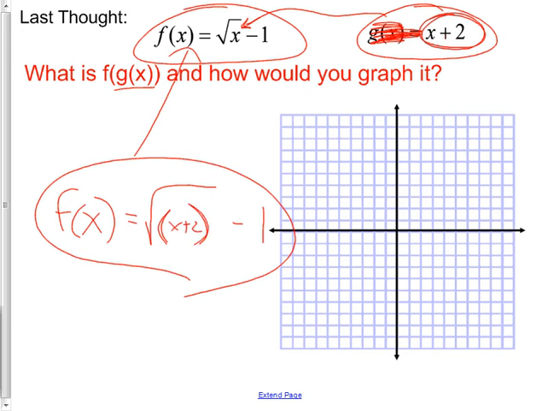Okay, good. Then how do you actually graph it? Well, it's just like all the other ones. Change that to a y because it makes more sense to understand that in terms of graphing. And I'm going to change that to not have parentheses. This is the square root function except moved where? Left 2, and down 1. So it's the normal ramp function, which looks like that.